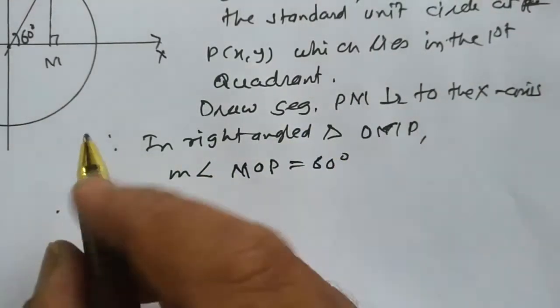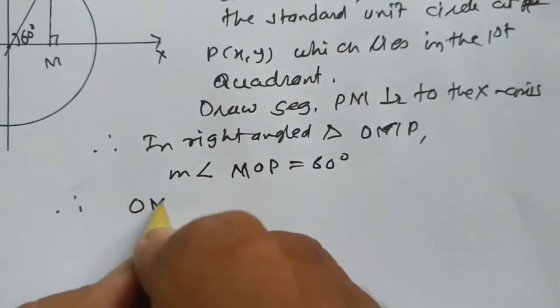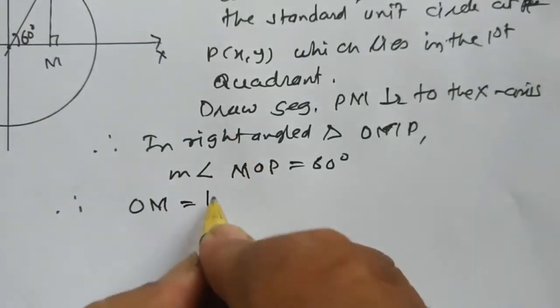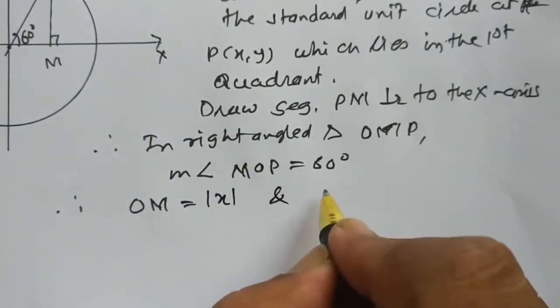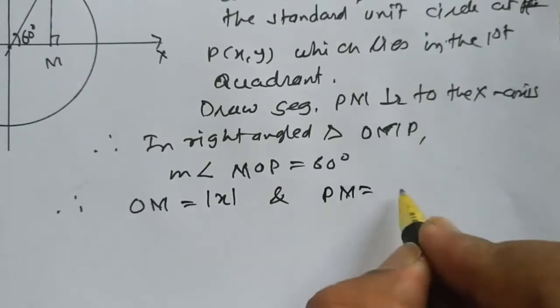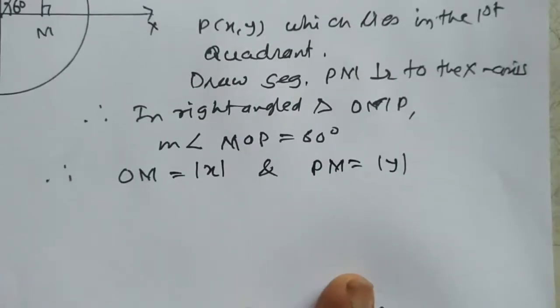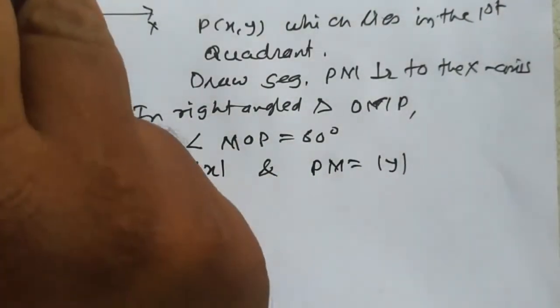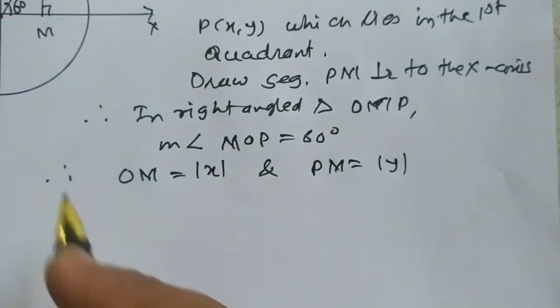Therefore, OM is modulus of x and PM is modulus of y. Both are positive because point P lies in the first quadrant.